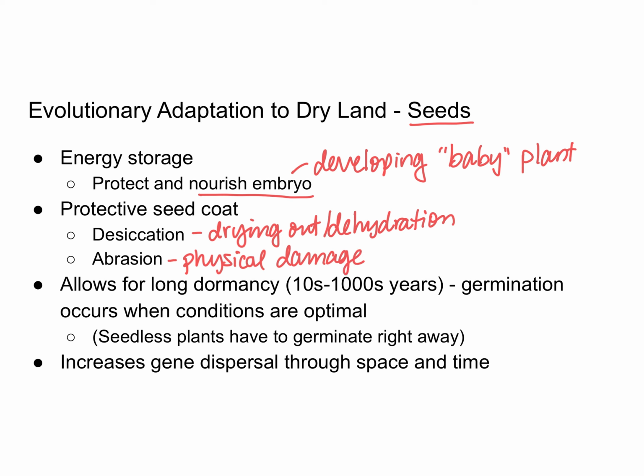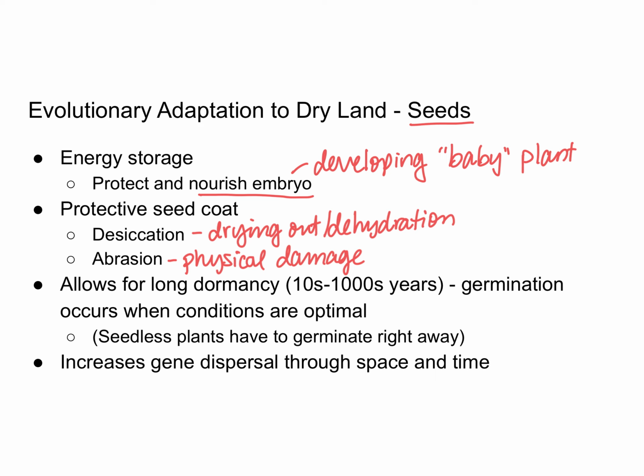The tough seed coat also allows for long periods of dormancy. So dormancy basically means that the seed is still there and existing, but it's not really metabolically active and it's not continuing to develop. So it just stays in this dormant state until the conditions in the environment are right for it to germinate. And this dormancy can last for tens to thousands of years.